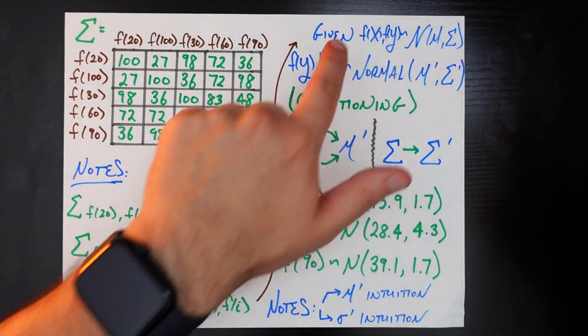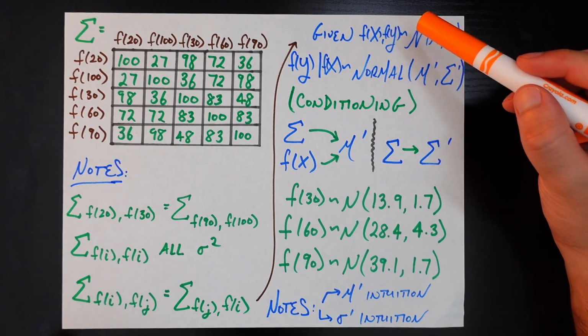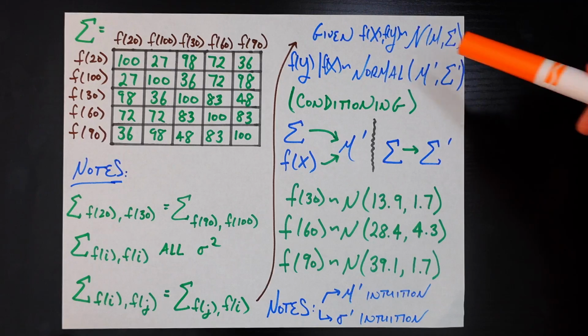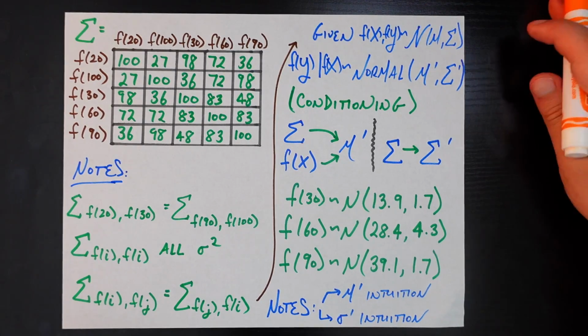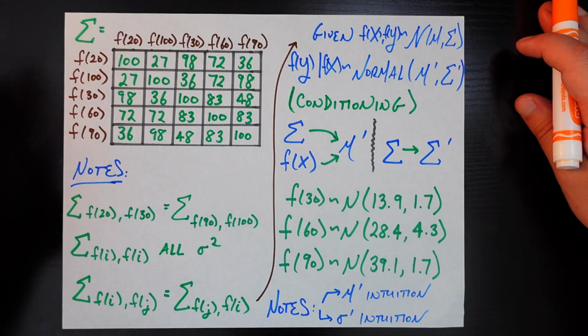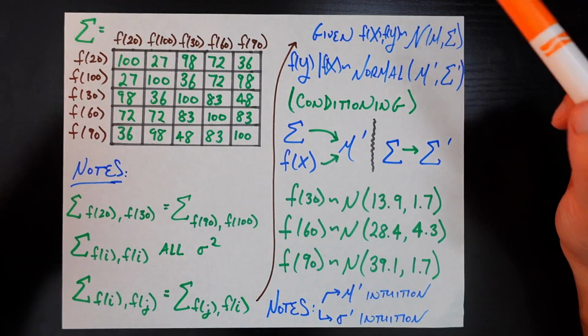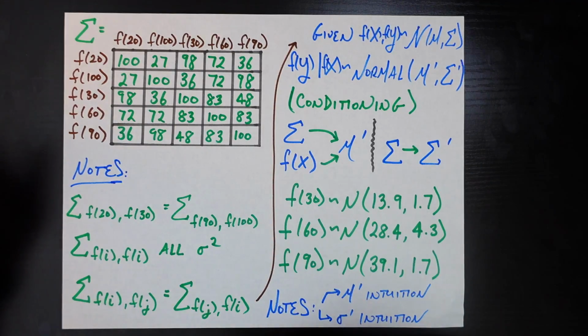So all we had said in the very beginning is that we have some joint distribution of the known number of fish, f of x, and the unknown number of fish at the unknown data points, f of y. And we said that that joint distribution is a normal distribution with the mean and covariance matrix that we just derived. Now the first thing we did was marginalize f of x and f of y, and we can show that those are normal distributions in themselves.